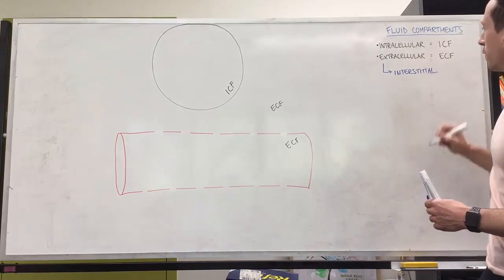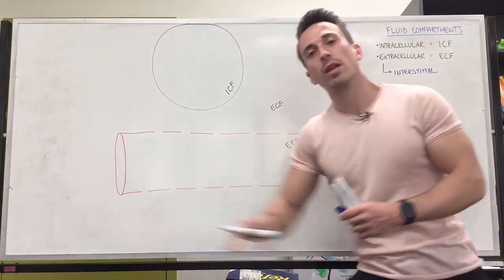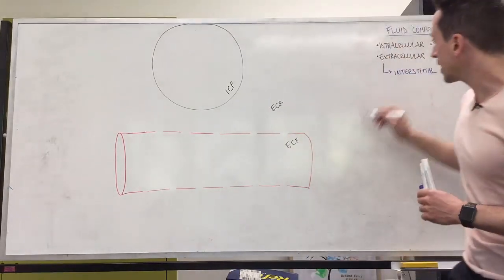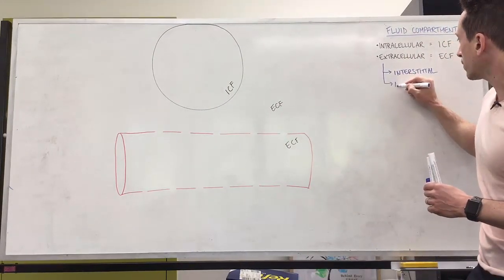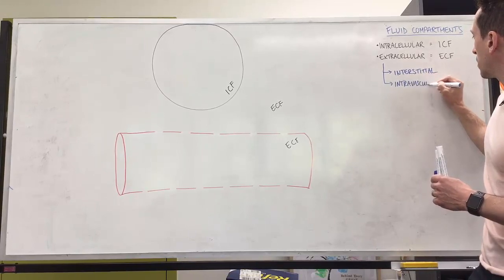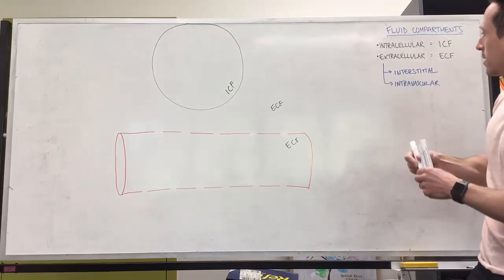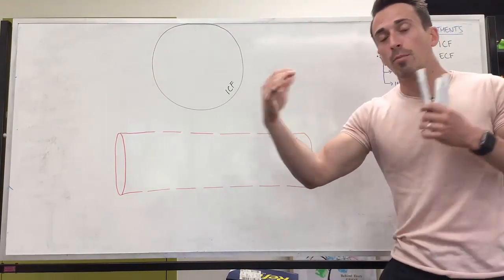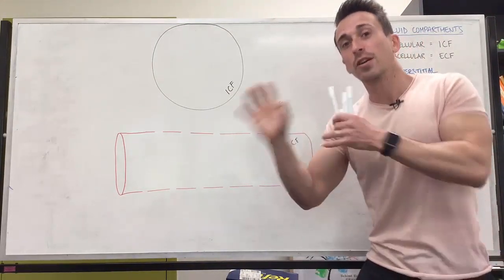So interstitial fluid, and the other one is inside the blood vessels, and we call this intravascular. Now the intravascular fluid is basically blood plasma. So this is how we break up body fluids within different compartments of the body.